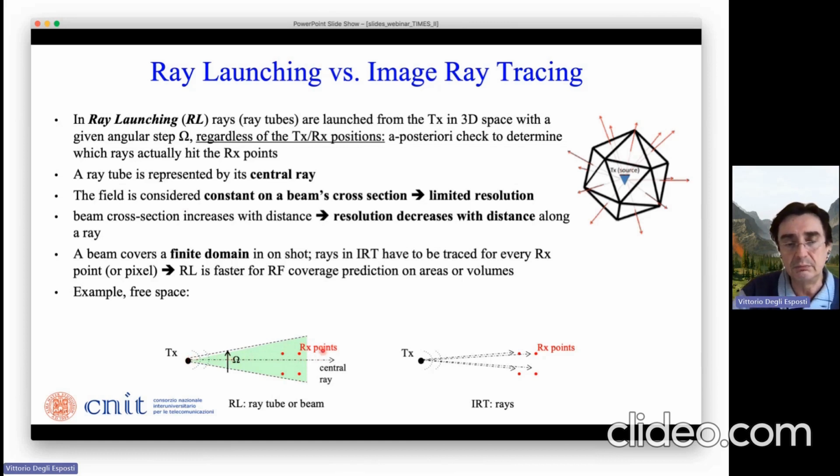It is enough to determine whether the pixels fall within this ray tube, and then the field is the same over the cross-section, and the field can be transformed along the ray tube very easily in analytical form using the field transformation equation we have seen. While in image ray tracing, we need to address each pixel specifically, multiple times. And therefore, computation time is higher.